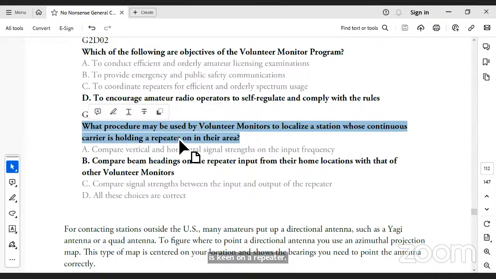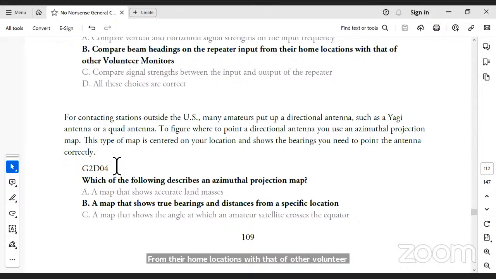So they are transmitting on a frequency, the repeater is repeating it, and the repeater is kept keyed. So we need to compare beam headings or directions on the repeater input. Why repeater input? Because that's what they are transmitting from their maybe handheld or base station to activate the repeater. Remember, a repeater has one input frequency, one output. From their home locations with that of other volunteer monitors, as we try to triangulate.